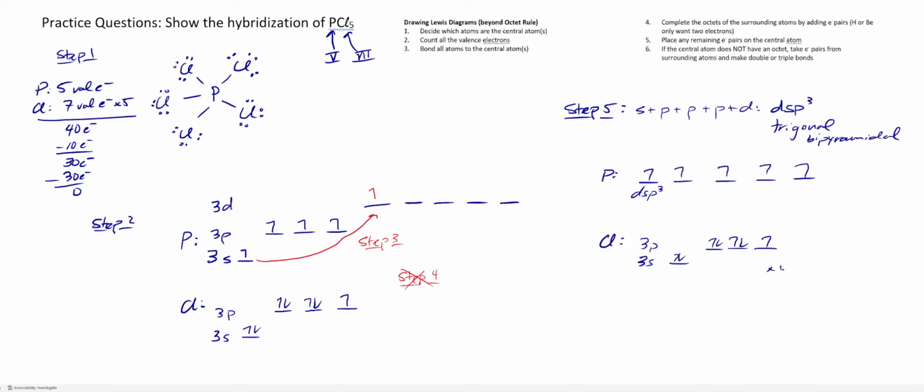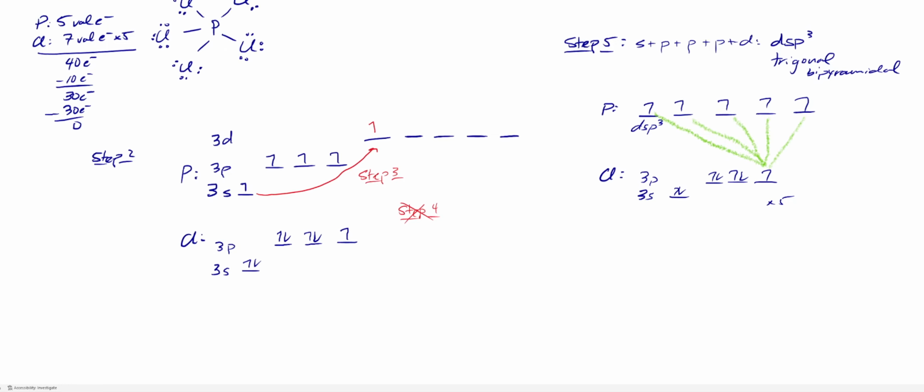And remember that there's 5 of them, so the overlap will take place as follows. I'll just kind of sketch this out. We've got overlap here. No, my apologies, wrong overlap. Overlap here, overlap here, overlap here, here, and here. Remember, it happens 5 times because we have 5 different chlorine atoms.